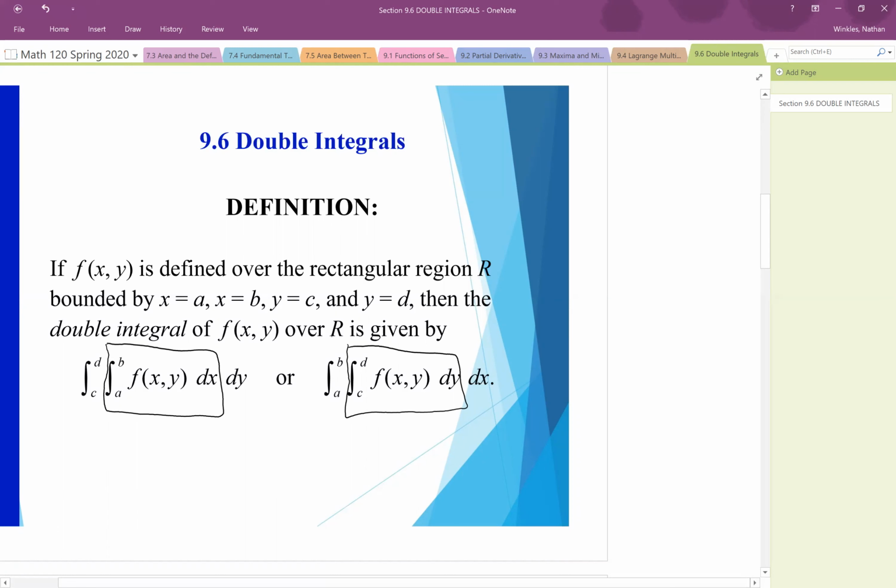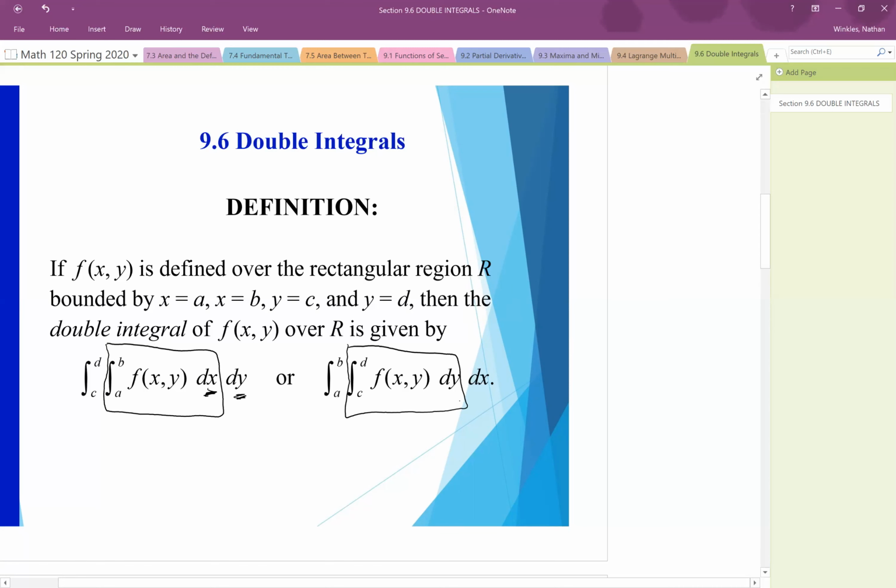So we're going to take care of that inside piece first. We're going to integrate the function f of xy with respect to x if we're on the left one here. Then we would get our answer using the fundamental theorem of calculus, and then we would integrate with respect to y and then use the fundamental theorem of calculus.